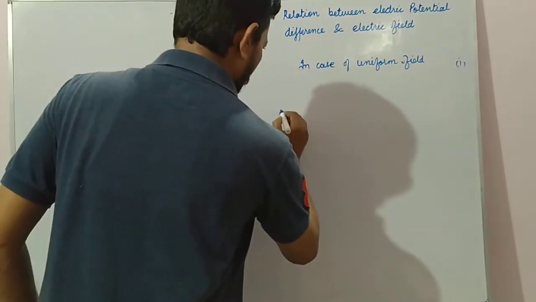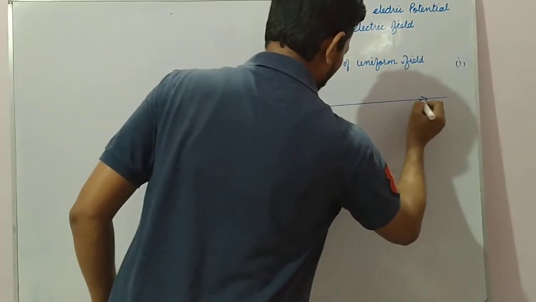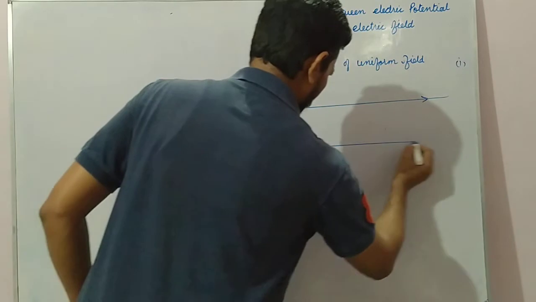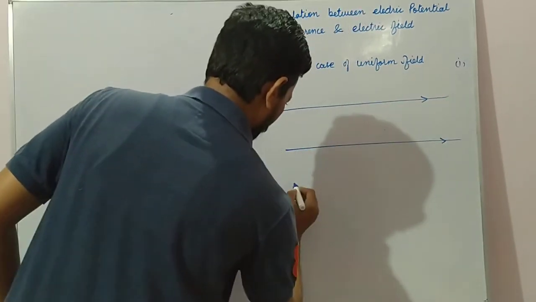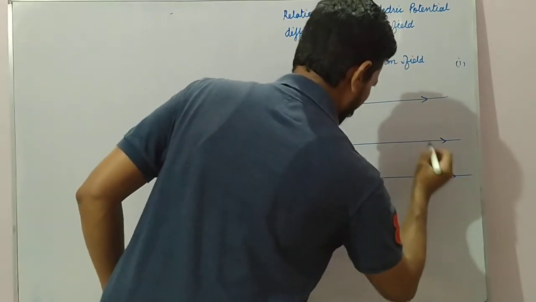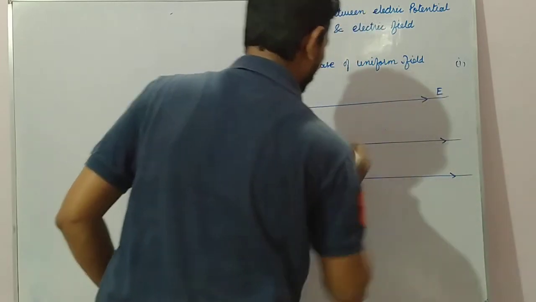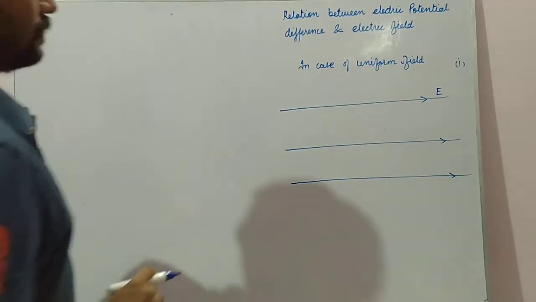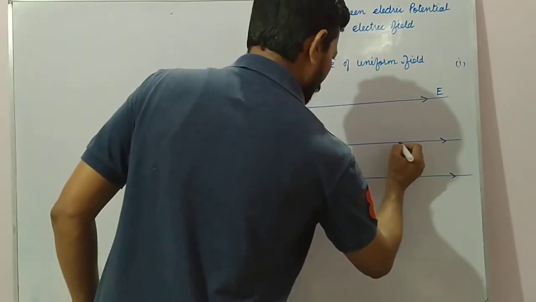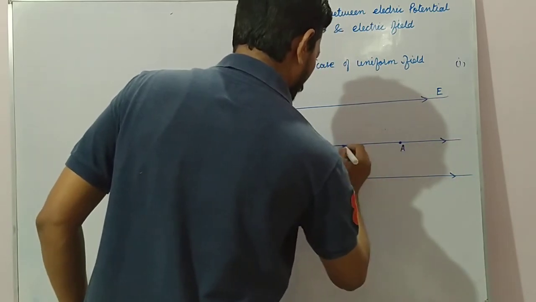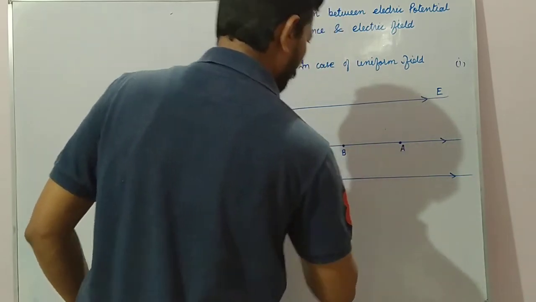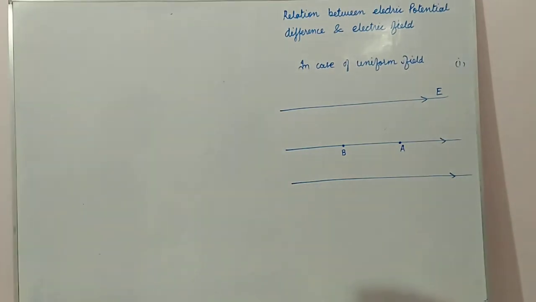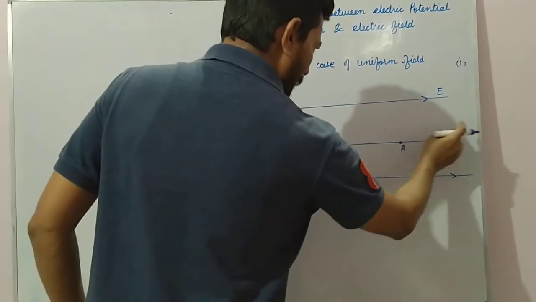Now see here. This is the direction of electric field. Okay. So there are two positions, A and B. And this is the direction of electric field.